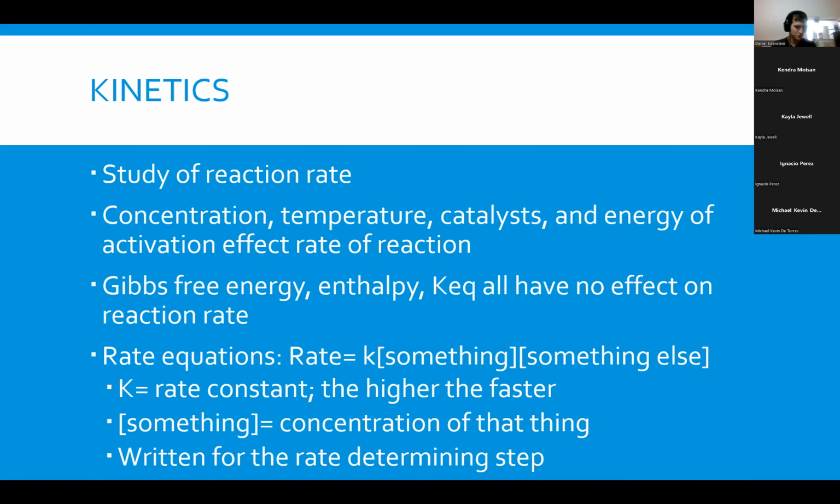Sometimes you can have different orders of reactions, but for this class, I've only seen it where the maximum order is 2, with 2 reactants, both having an order of 1. Again, it's the slowest step that determines the rate law.